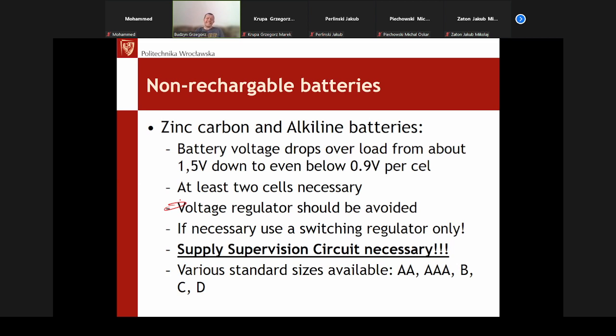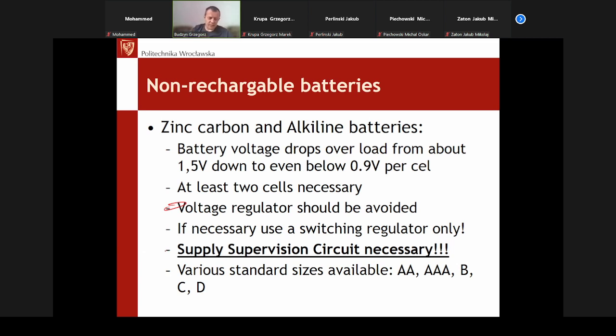So in general, we need some kind of supply supervision circuit, a circuit that checks the voltage and reacts accordingly when the voltage goes below a certain threshold. But regulators should be avoided anyway, because a linear regulator is a waste of energy, and using switching regulators with a clean source of energy such as a battery is a very bad idea.